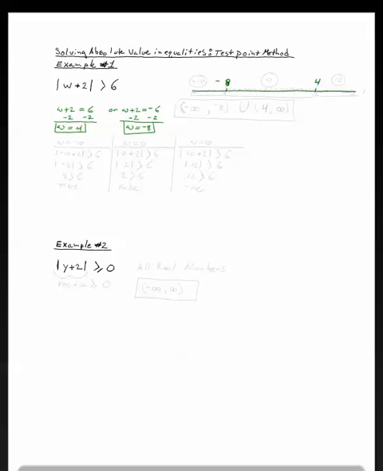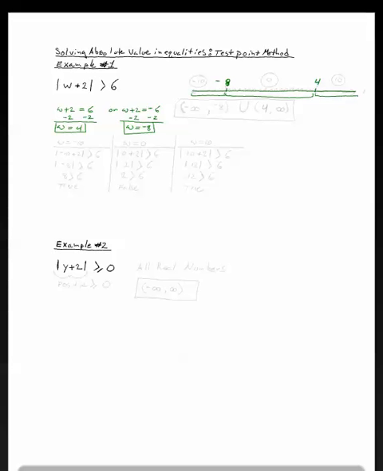Now this is called the test point method because, as you can see, our 2 points divide the graph into 3 regions. 1, 2, 3.